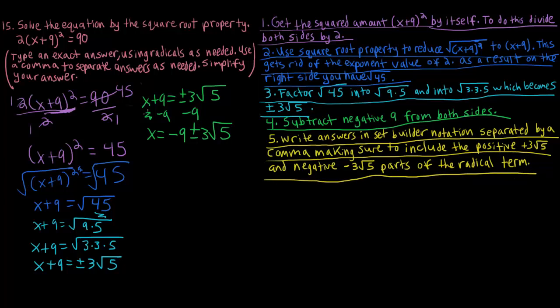So we have to include both the negative and positive values of our solutions, and we need to put that into set notation. So we end up with negative 9 plus 3 square root of 5, and then negative 9 minus 3 square root of 5. And that right there is our answer.